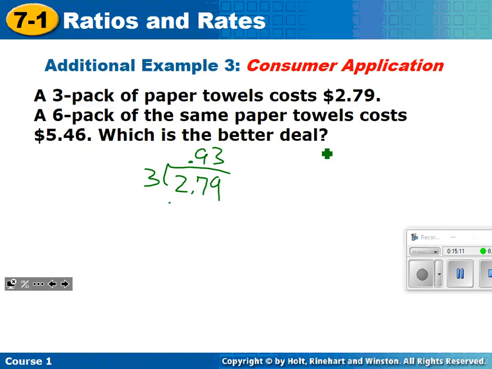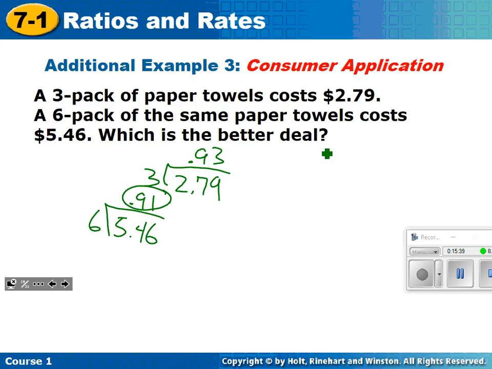The next one, we're going to go $5.46, and we're going to divide that by 6. 91 cents. Which is the better deal? The 6-pack. The one that costs less is the better deal.